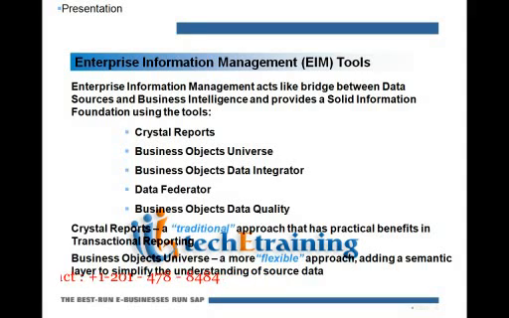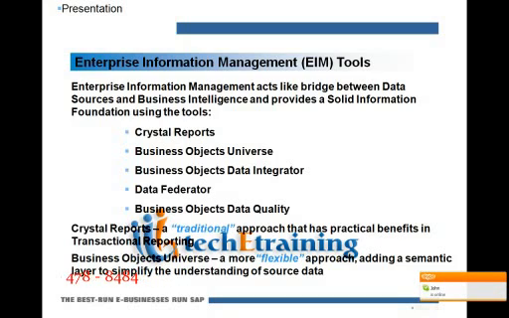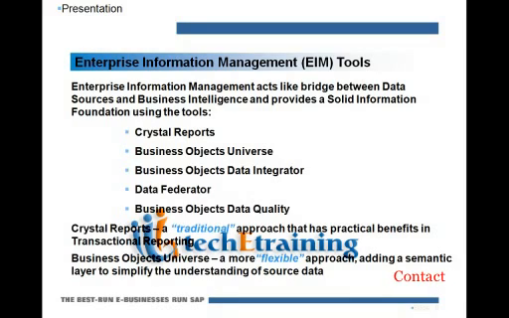Now, once Data Integrator is able to do the ETL logic, that data will be pushed into a consolidated database or an application over which you will have the Business Objects Enterprise, which is the entire suite of reporting tools. All right. So this is how it is right now.